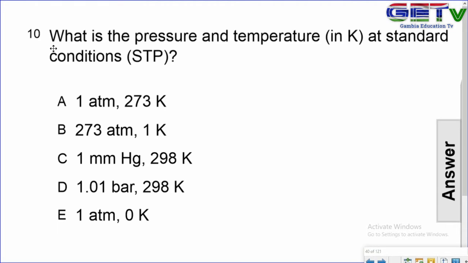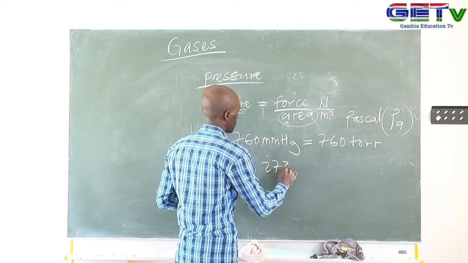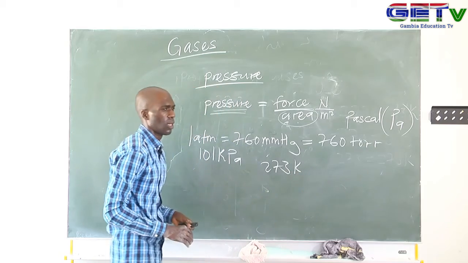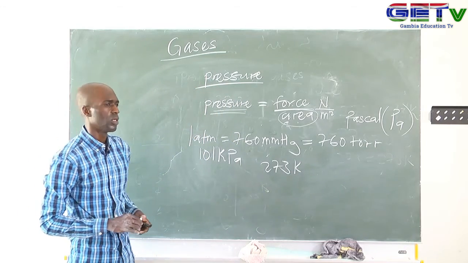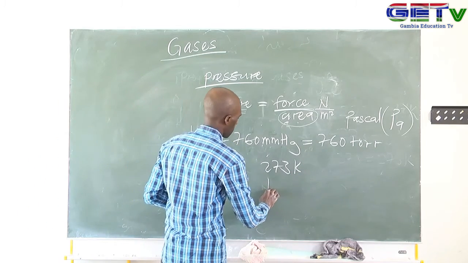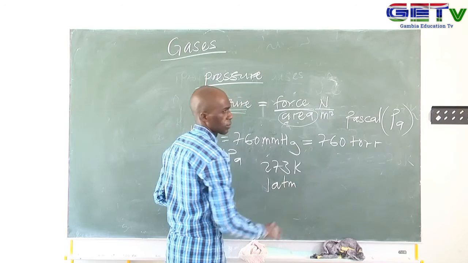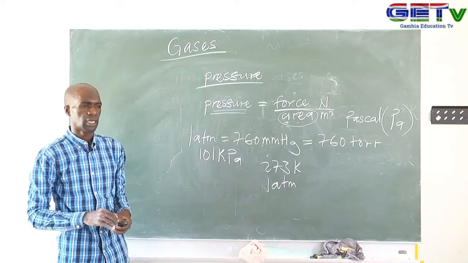Let's look at this question. What is the pressure and temperature in Kelvin at standard conditions? That is STP. Okay. Standard temperature is 273 Kelvin, and then standard pressure is 1 atmosphere. So therefore, letter A is correct.